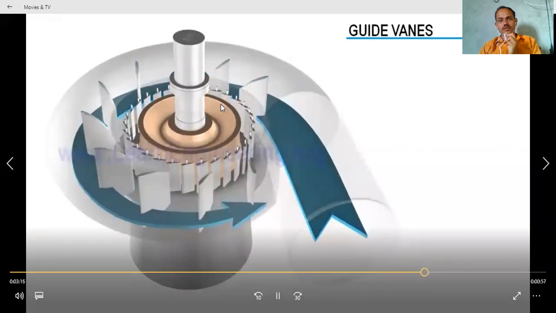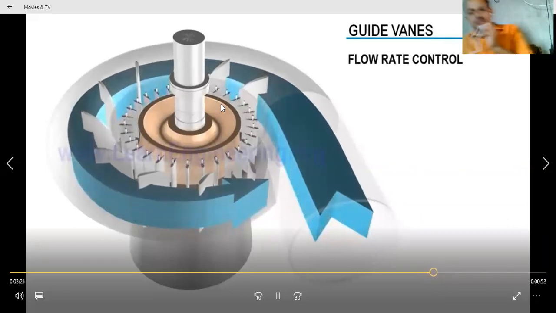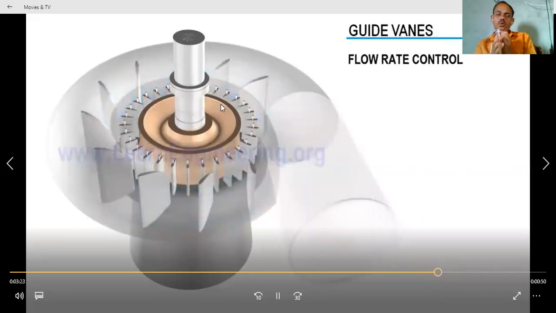When the flow of water is low, at that time guide vanes control the flow or reduce the flow, so it will rotate all over the runner.